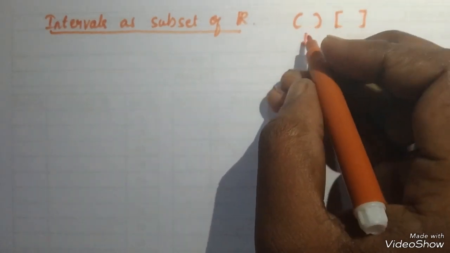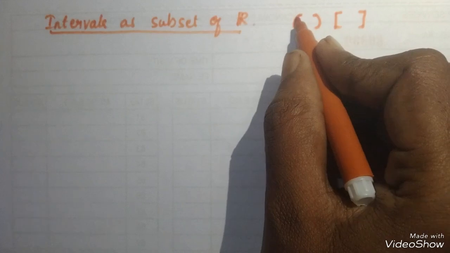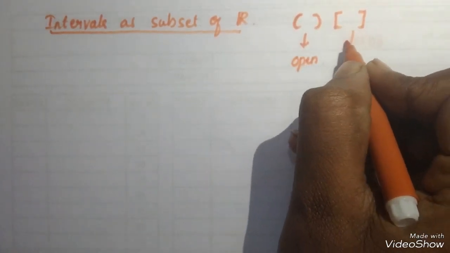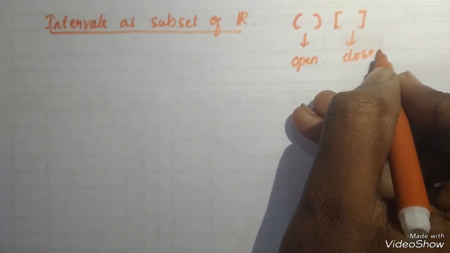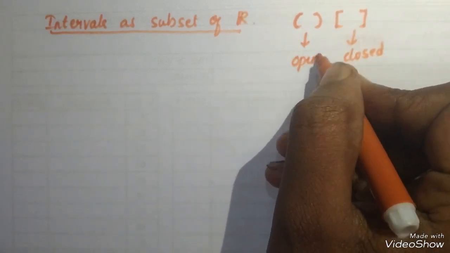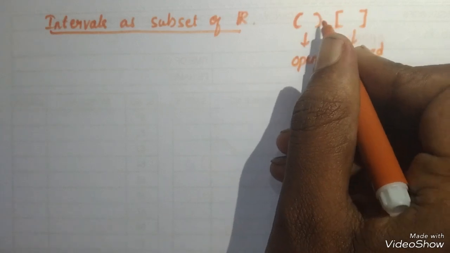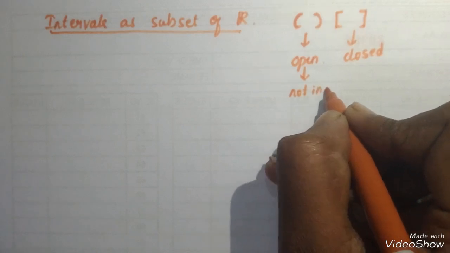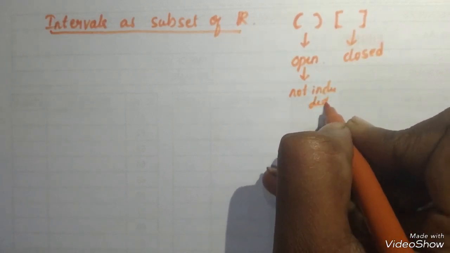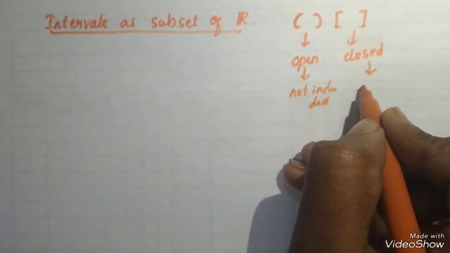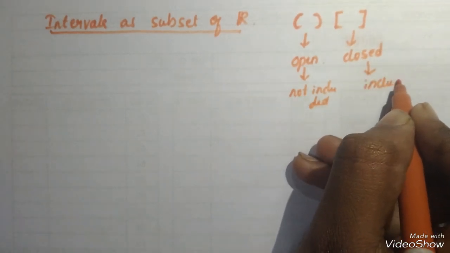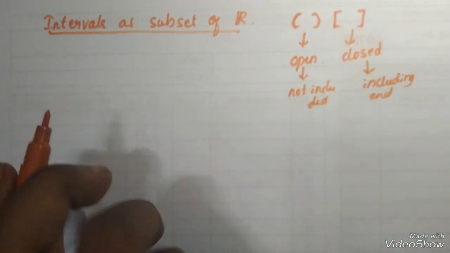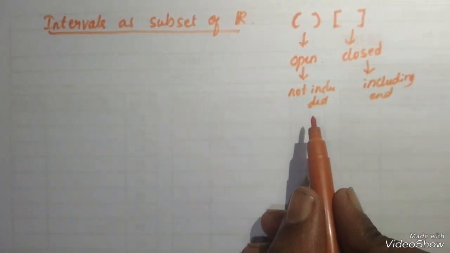This one with open brackets is called an open interval, and this one is called a closed interval. In an open interval, the end points are not included, but in a closed interval the end points are included. Open interval means not including.